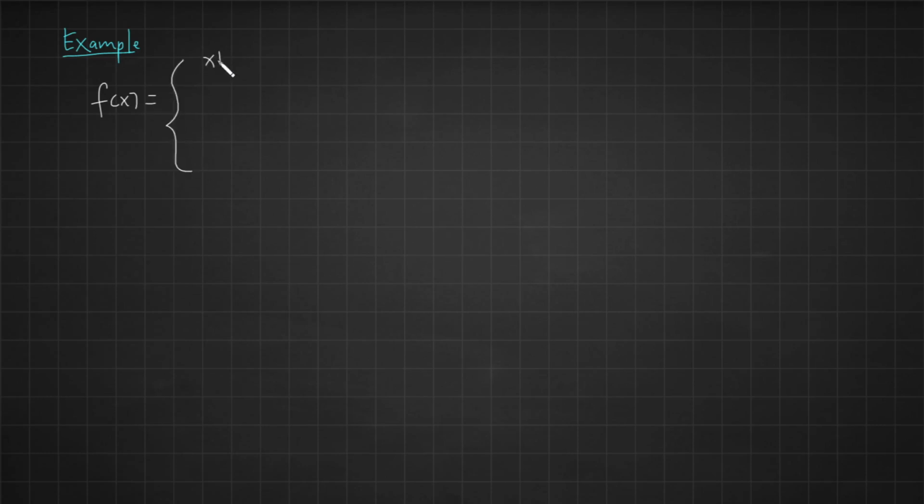Okay, so the function is equal to x plus 1 over x minus 2 when x is less than 1, and it's equal to 2x over x plus 3 when x is between 1 and 2, and it's equal to 1 over x minus 3 when x is greater than 2.